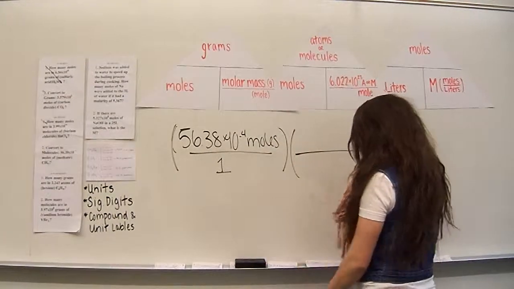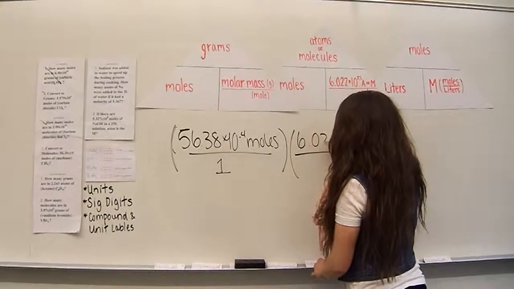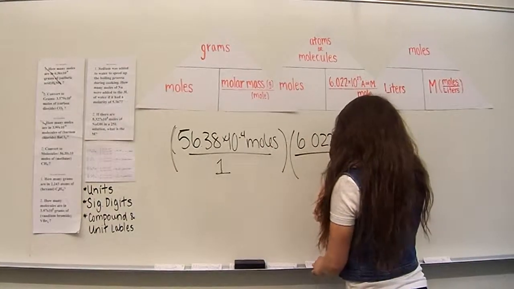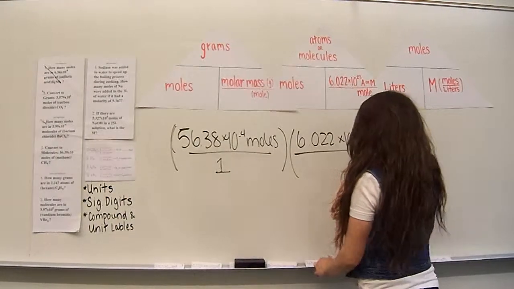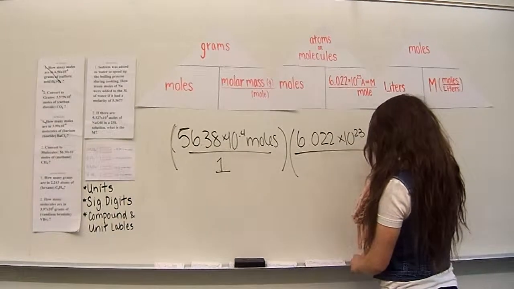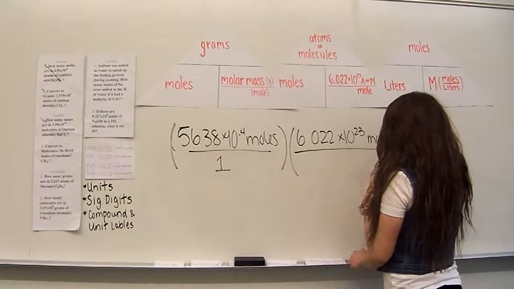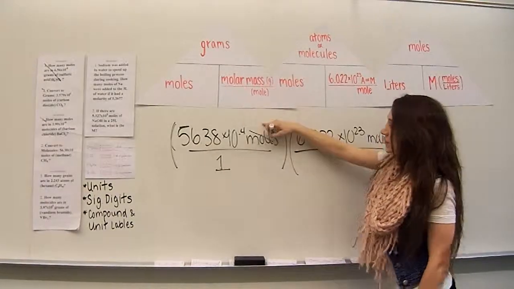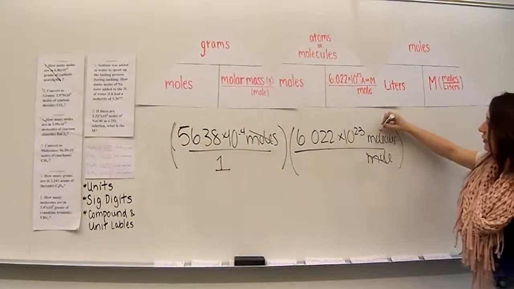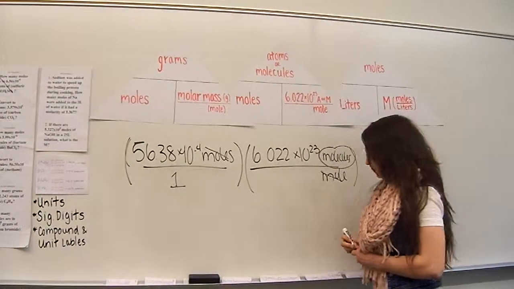And since we are multiplying, we will be writing the constant on the top, which is 6.022 times 10 to the 23rd. We will be writing molecules on the top, and then moles on the bottom. The moles will cancel out the moles, and we will be left with molecules, which is what we are asked for.